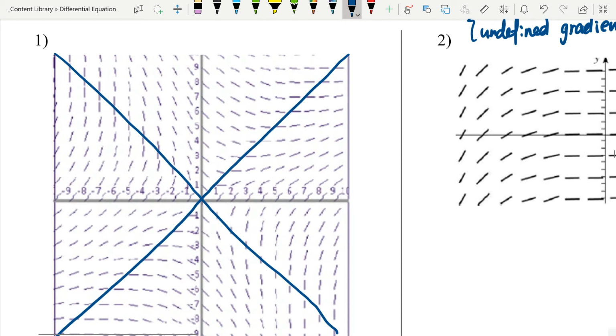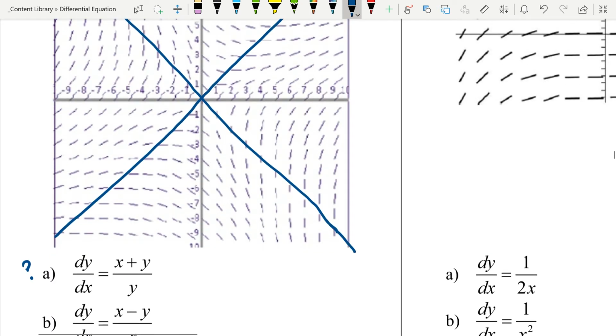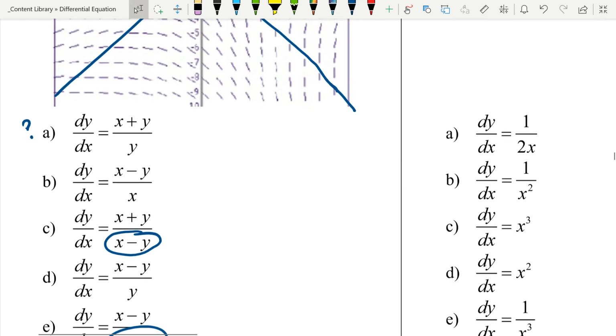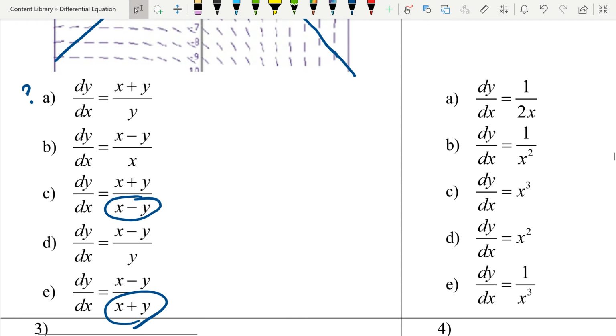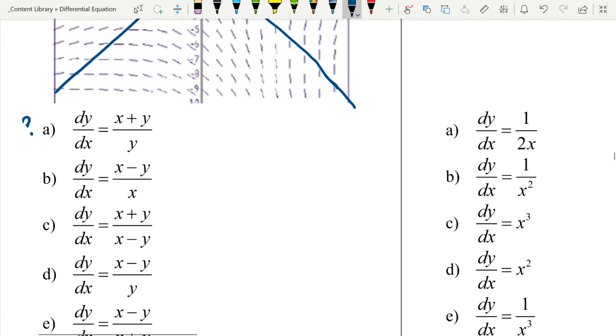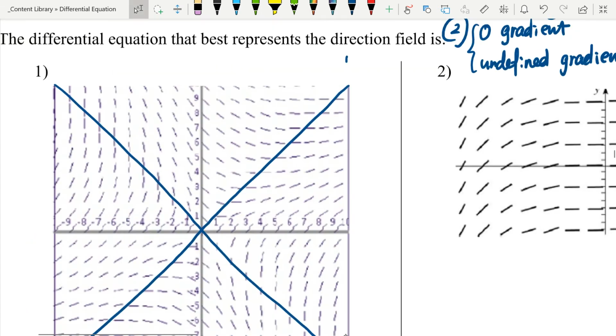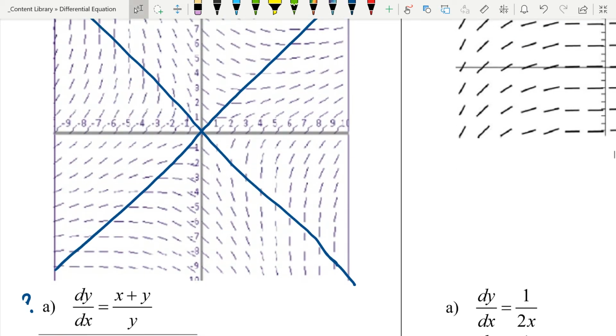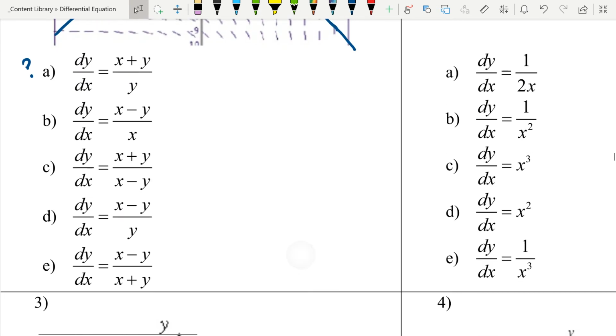Can you see that? And also you get x minus y equals to 0, which is 0 gradient. On this line y equals to x, you actually get 0 gradient. And on the other line you have the undefined gradient. So the answer will most likely be E here.